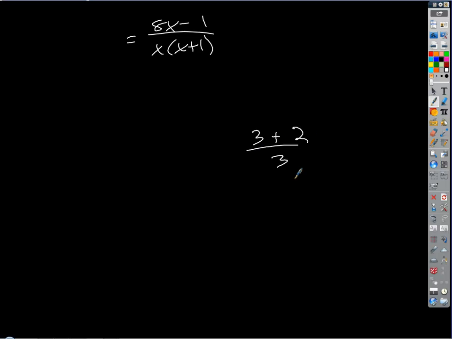Well, let's just cancel the 3's, and I get 2 for an answer. That's not the answer, right? The answer is 5/3. I can't do that. Now, if I had 3 times 2 over 3, then I could, and the answer is 2, which is the same thing as 6 over 3, right? You can only cancel things that are being multiplied, not things that are being added or subtracted.